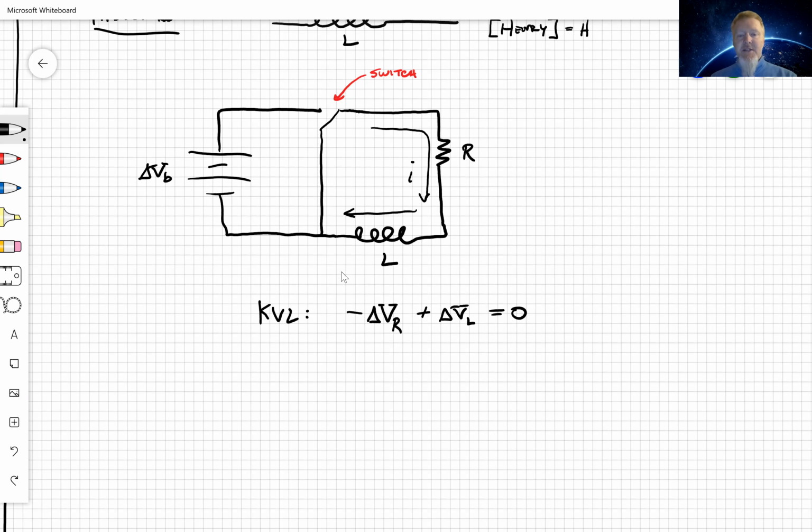As we discussed before, the EMF in the inductor is basically this.